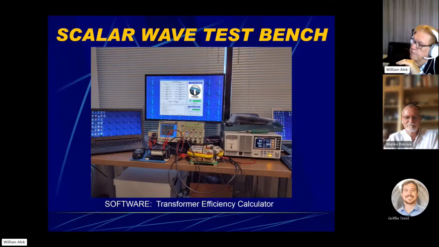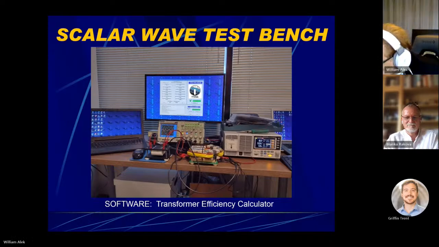And I wrote this software that reads the voltages and currents going into it, coming out of it, looking at the scalar wave component on this oscilloscope. You see the actual scalar wave, the sine squared term, is the top trace. And that top trace is added to the input sine current.